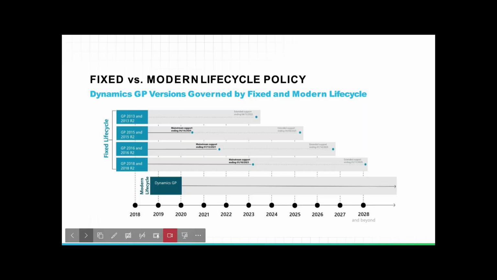This is an important diagram, and it hasn't changed in several years, and it's likely going to change soon. We'll get to that later, but this is an important thing for existing customers to understand the time frames and differences between fixed and modern lifecycle policy. Next slide, please.